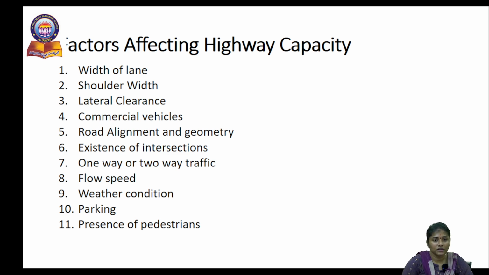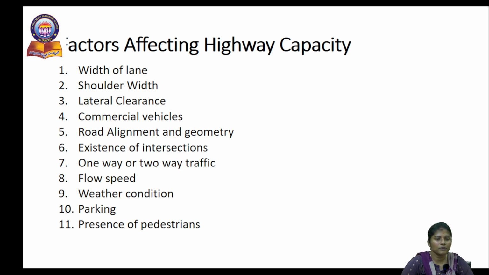Next, shoulder width. If shoulder width is more, then capacity will be more. If shoulder width is less, the capacity will be less. Next is lateral clearance. If lateral clearance is more, that lateral clearance will be utilized by non-motorized vehicles as well as two-wheelers, and flow will be more. So if flow is more, then capacity will also be more.